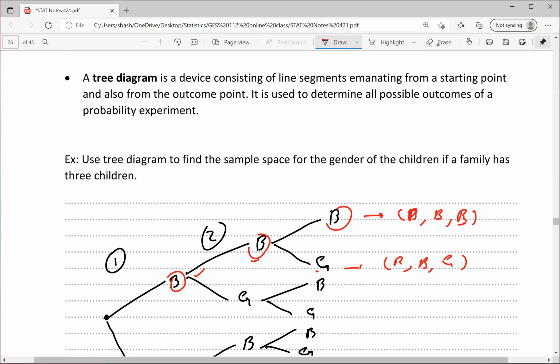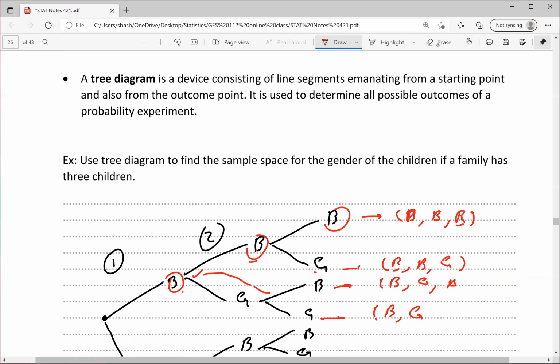Third one, boy, girl and boy. Now we are moving this way. Then boy, girl and girl.